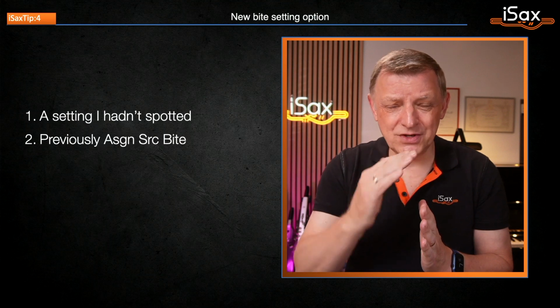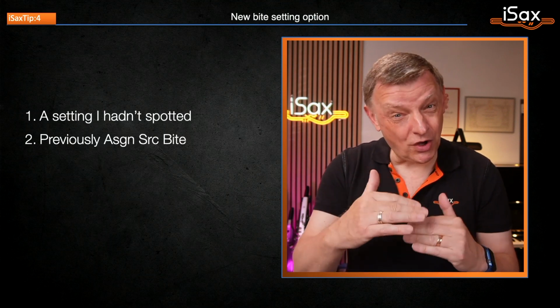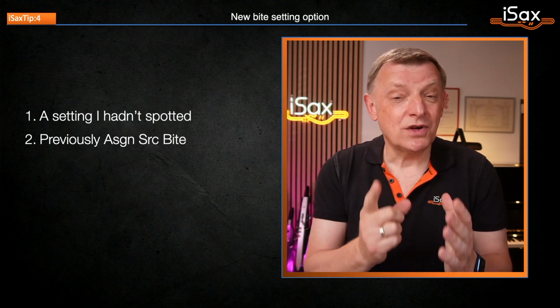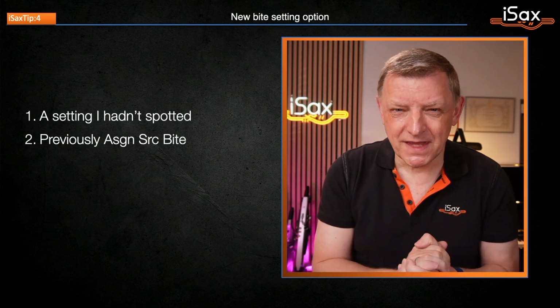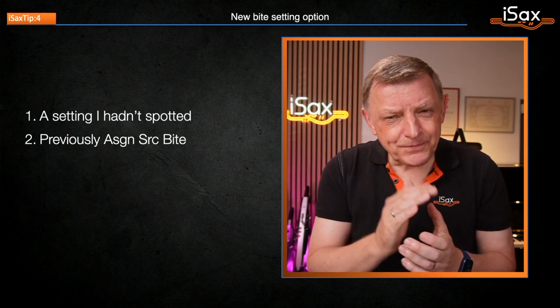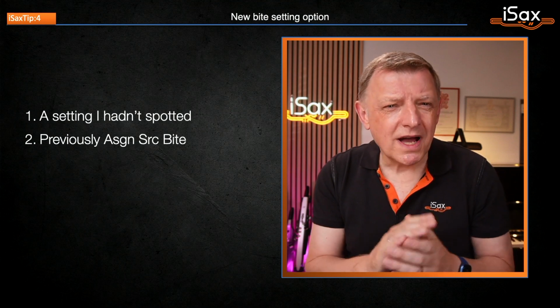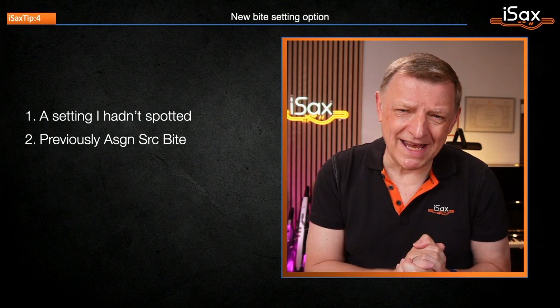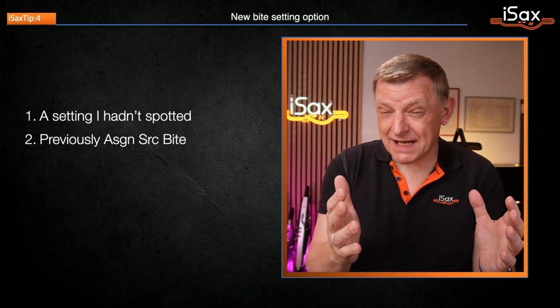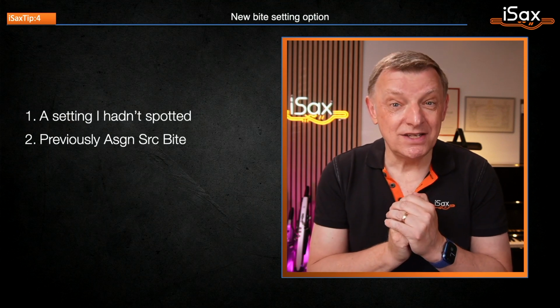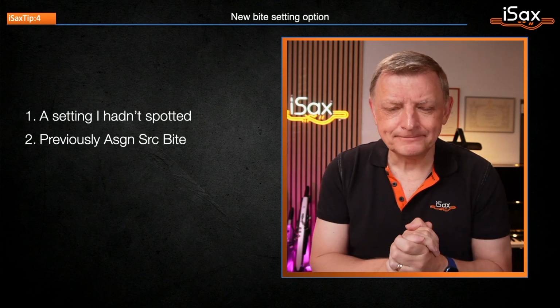I want my lip control to be the same on every scene, so I set it to a system setting. So we've looked at this before, assign source bend, and I've been telling you to set that to system.